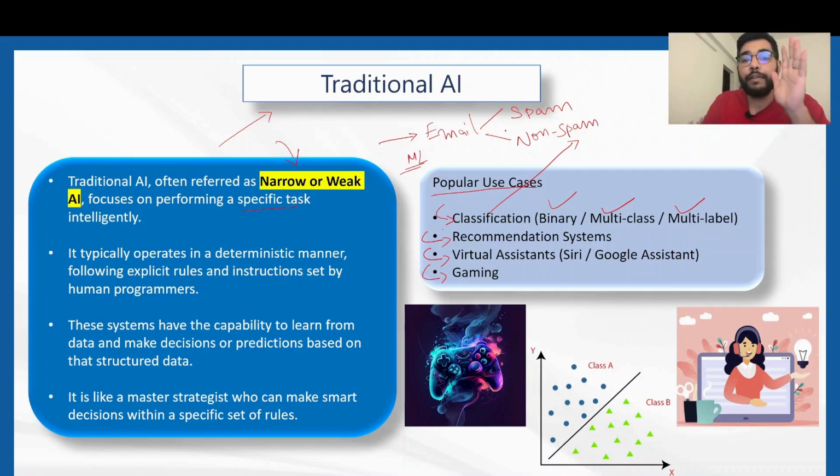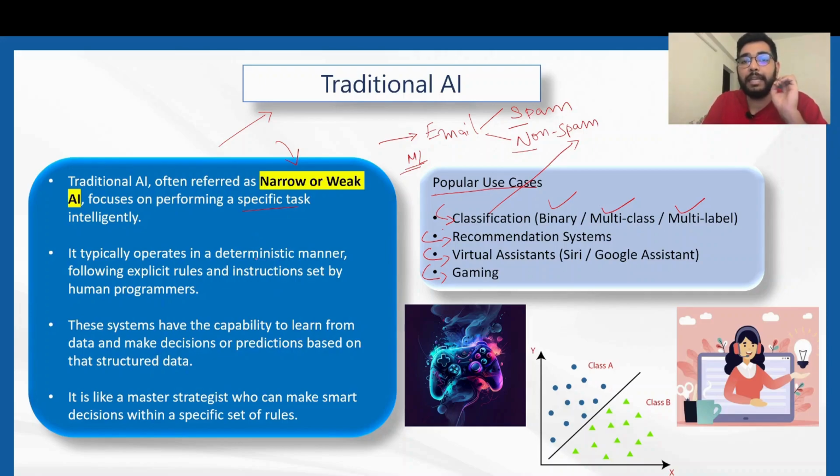It will try to classify the emails in the future as spam or non-spam. That is a specific task that has been assigned to that particular machine learning model. It will not go anywhere beyond that. That is the scope of that model, and it will perform only that task which it has been trained for by the programmer.